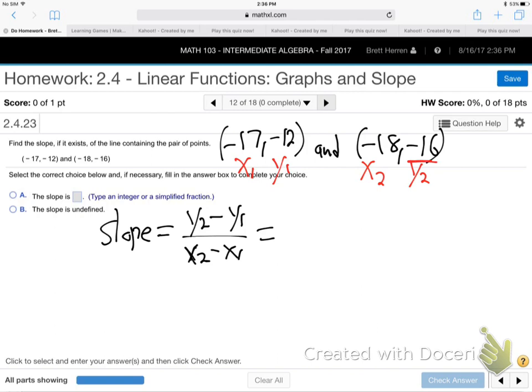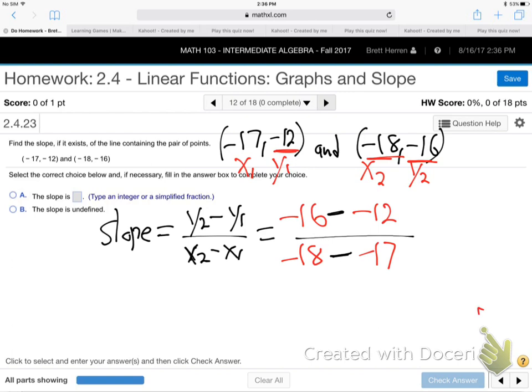So y2, y1, minus 16, minus 12, with a subtraction symbol in the middle. And x2, x1, we good so far? You know those double negatives are going to become positive, right? Everybody good with how I plugged everything in? So you got the original subtraction symbols from the formula, and then all the negative items.